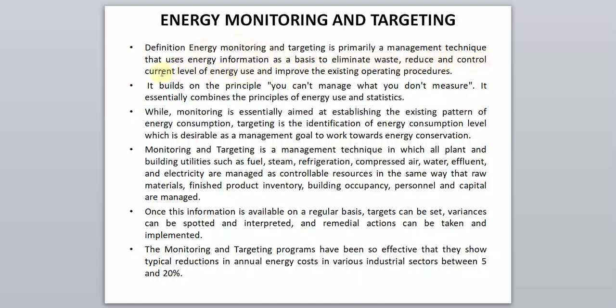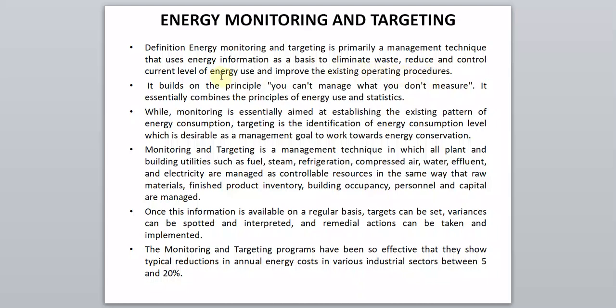Current level means the level right now, like a real time level, and improve the existing operating procedure. Improving the operating procedures is nothing but a change in the design or a change in the energy flow.